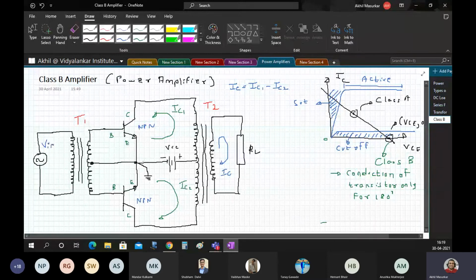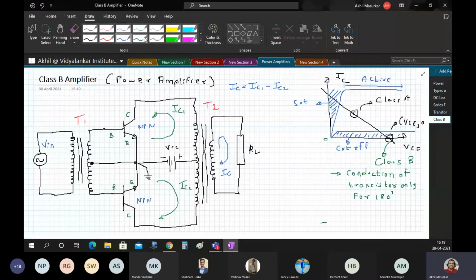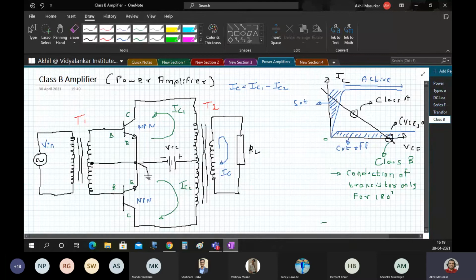This is our Vin. So generally this transformer is called as input transformer, and this transformer is called as output transformer.